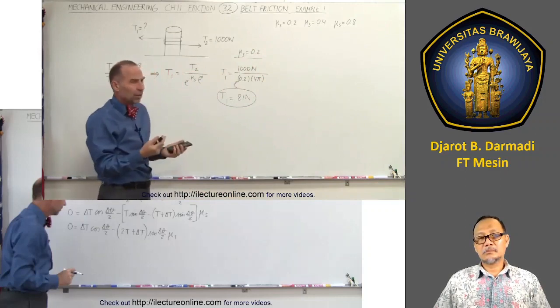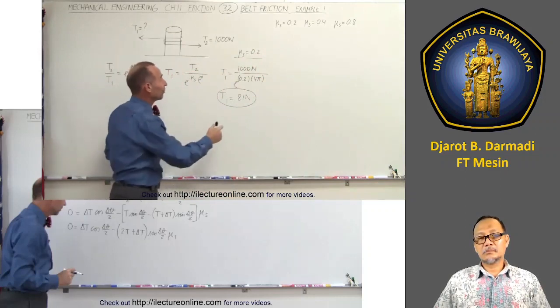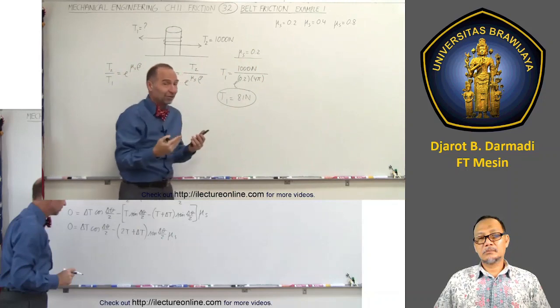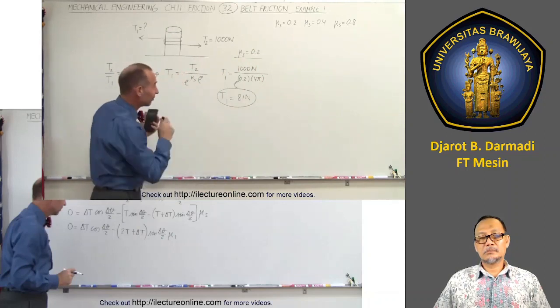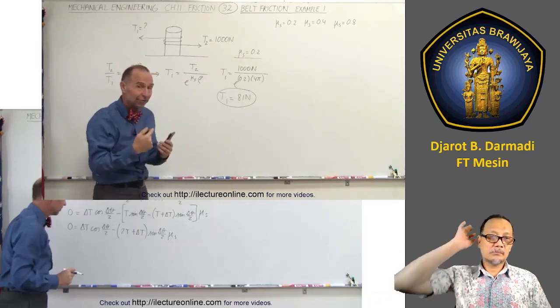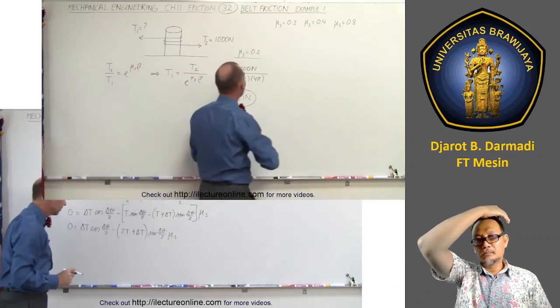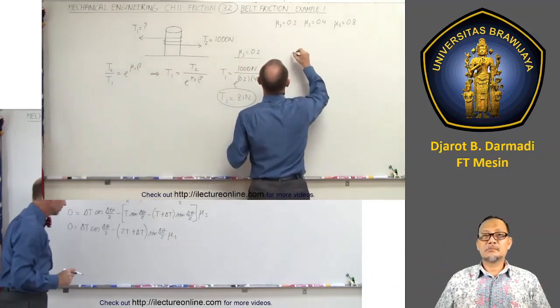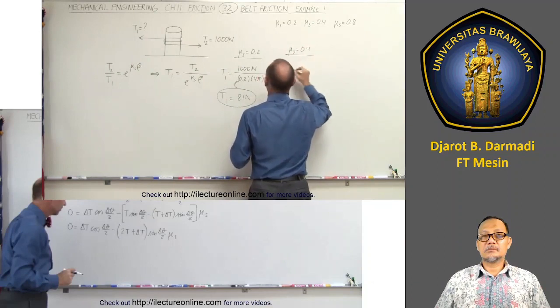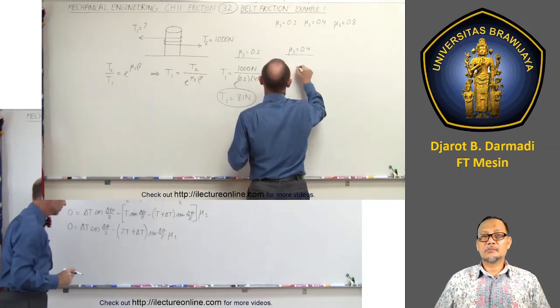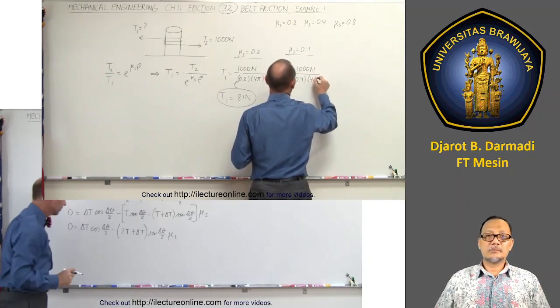Initially you might think, well, if it's double the coefficient of friction, you expect maybe half the tension, but that's not the case. This is kind of a unique situation. It's not a linear function, so let's see what happens. We get mu sub s now equal to 0.4, so T1 is equal to 1,000 newtons divided by e to the 0.4 times 4 pi.